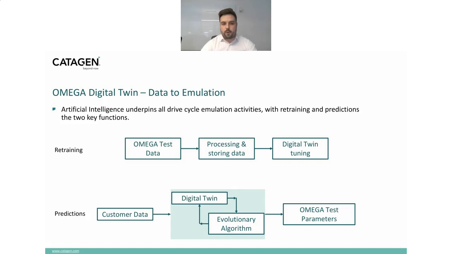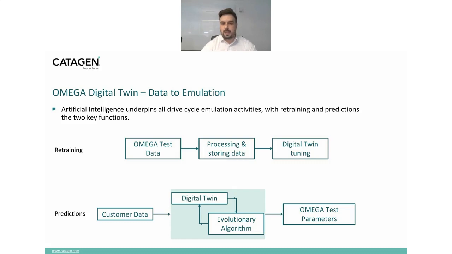So before we get into how the testing actually works, we need to think about how we start to begin testing on the Omega reactor. We have some Catagen developed AI, and this really underpins all of our drive cycle emulation activities. This is split into two key streams. The first stream is around retraining.